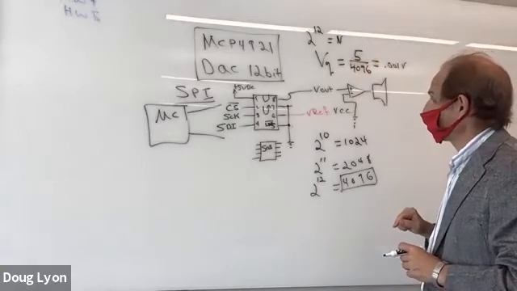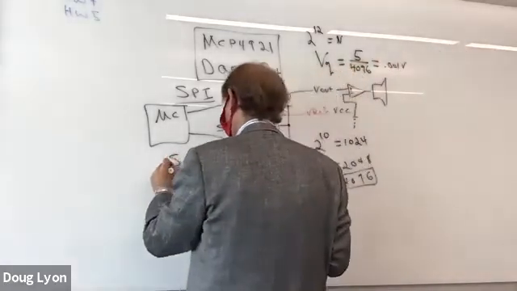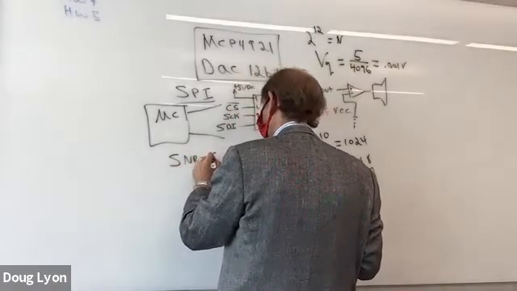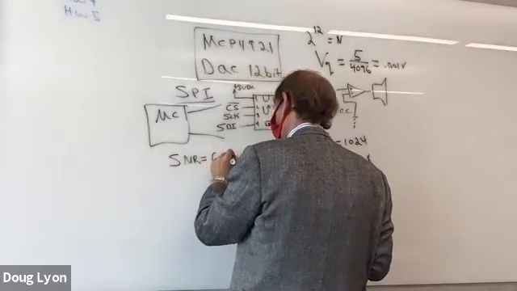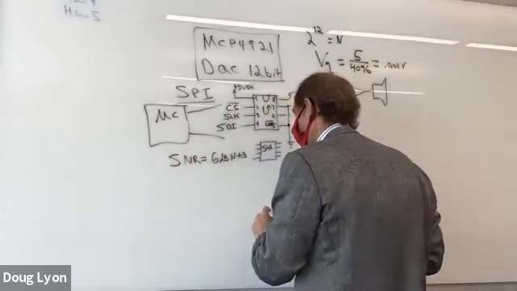So here's the other aspect to all of this. We have a signal to noise ratio, which is equal to 6 dB, that's decibels, times the number of bits plus 3 dB.